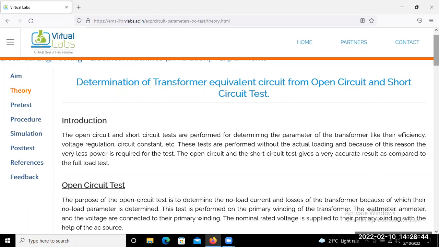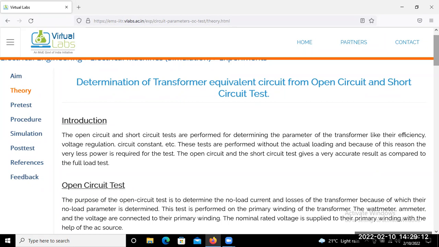At that particular instant, we note down all the measuring instrument readings. Which readings can we observe with the help of the open circuit test? The supply voltage of the LV side, that is the rated supply voltage, and next the current and power. So these three quantities we have to note down at the rated voltage.